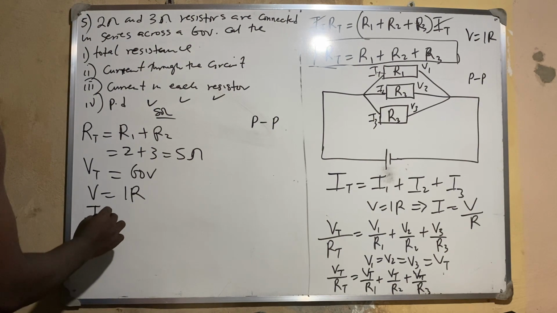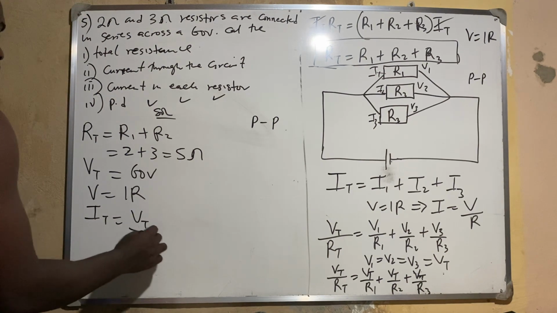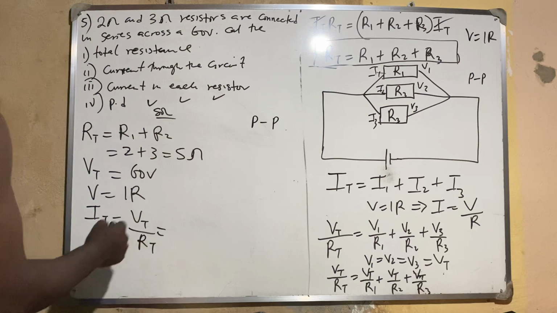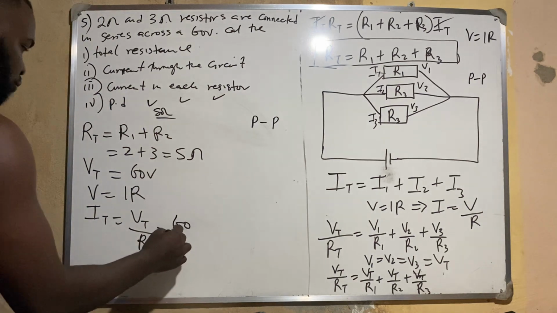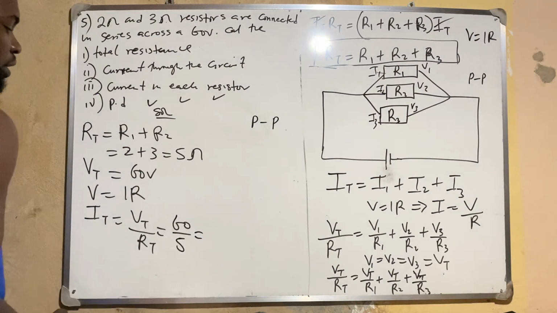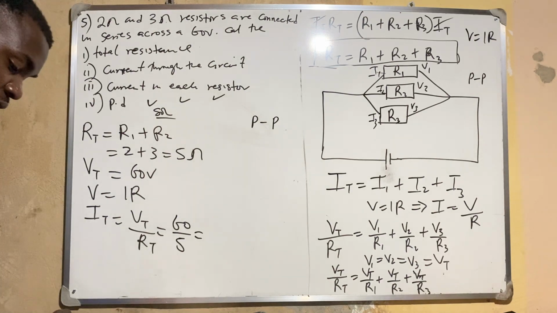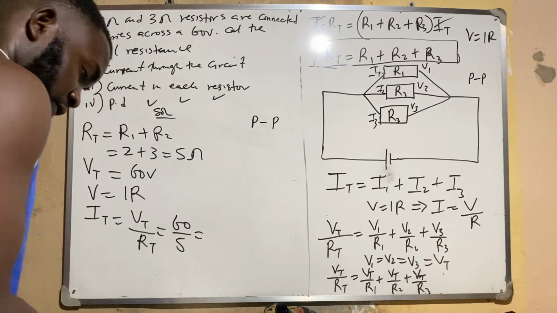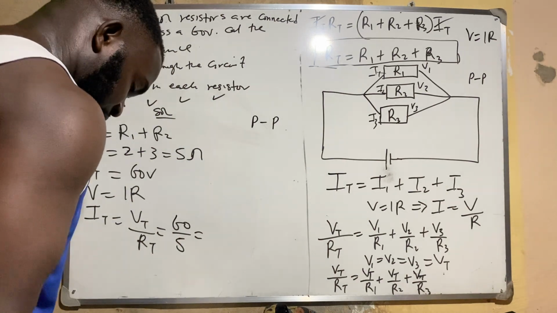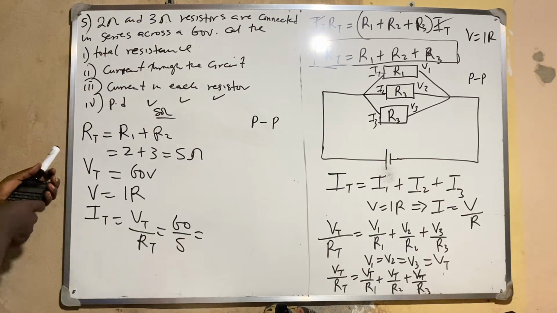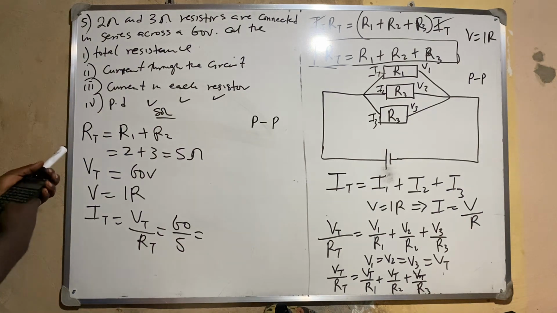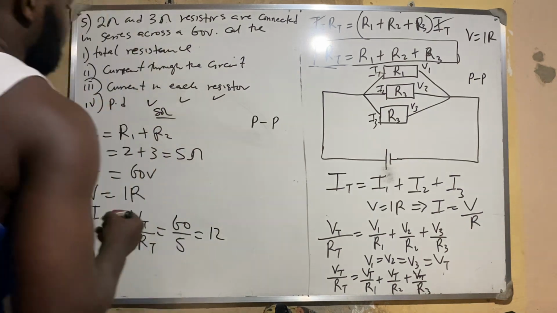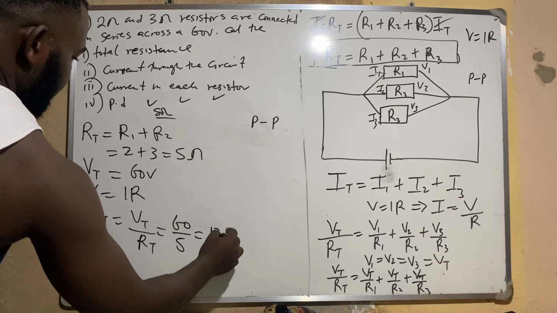So I total will be V total over R total, which is 60 divided by 5. 60 divided by 5 is 12. So I have 12 amperes.